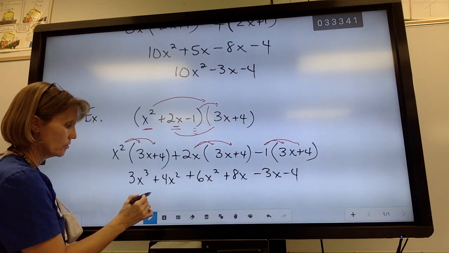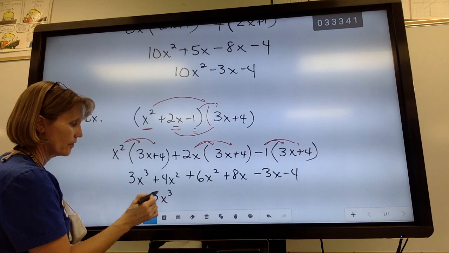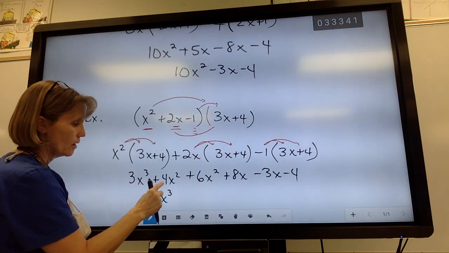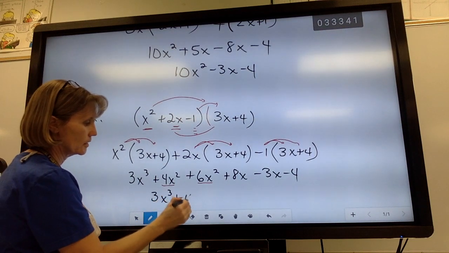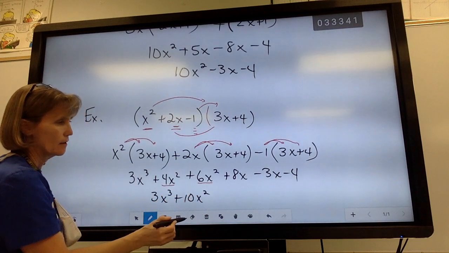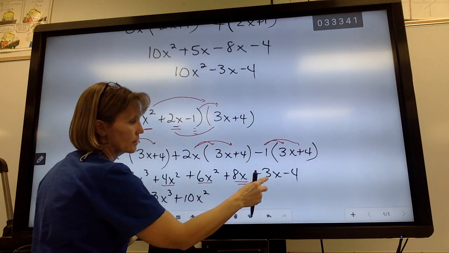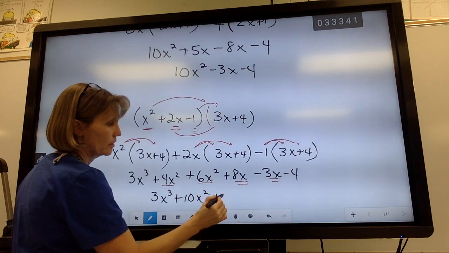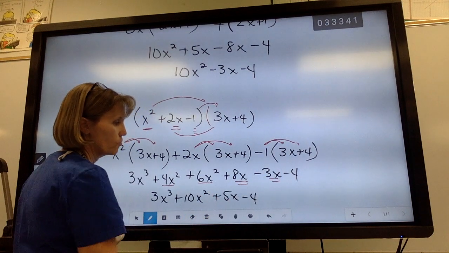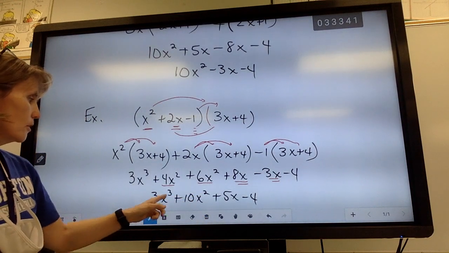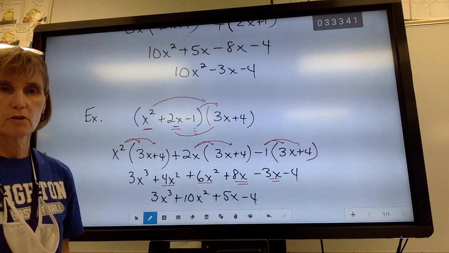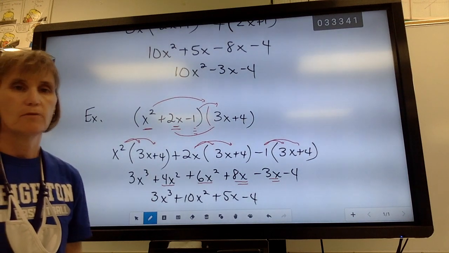I have a 3x cubed here. Nothing else is like it. I've got a 4x squared and a 6x squared. I can combine those and get 10x squared. I've got an 8x minus 3x. That would be plus 5x minus 4. That answer is simplified as far as you can go. Your exponents are in decreasing order, so that's standard form, and you would be finished.